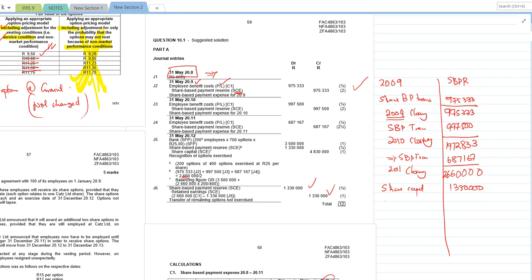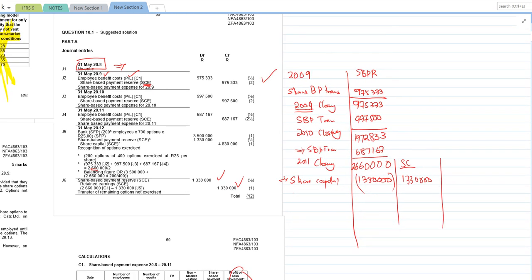Then it means in 2012 we now have a column for what? For share capital. So let me put it here. Share capital column, which shows that it came from here, now it's sitting at 1,330,123. And again, in that same year, we also have a column for what?